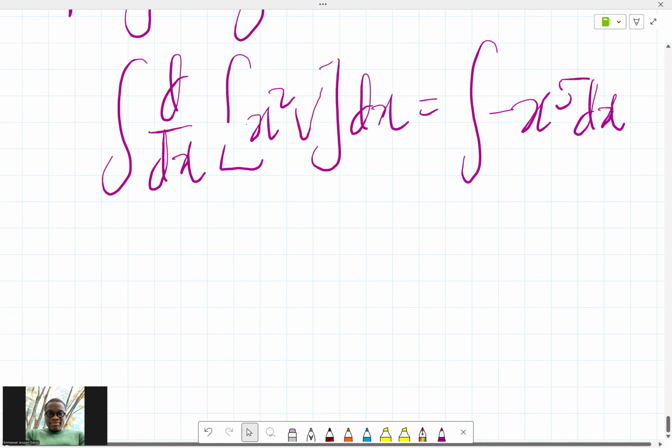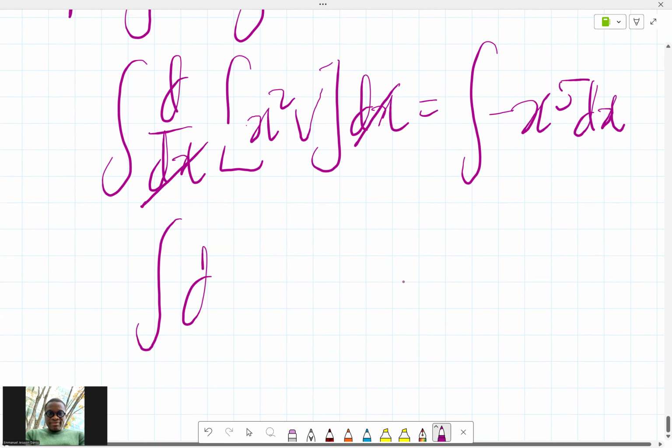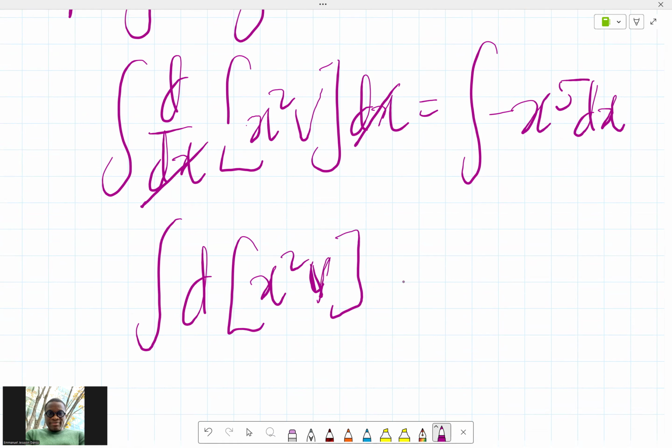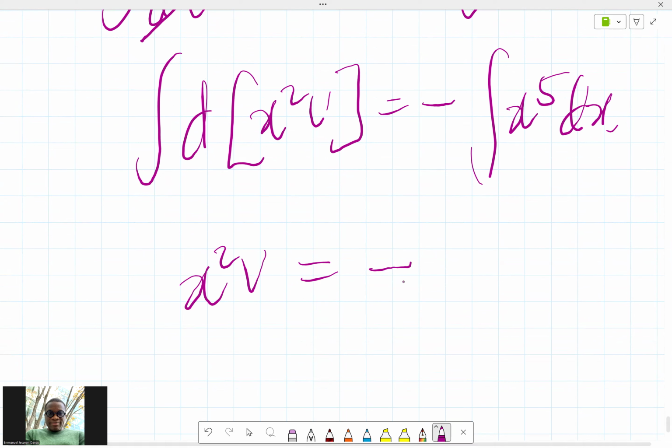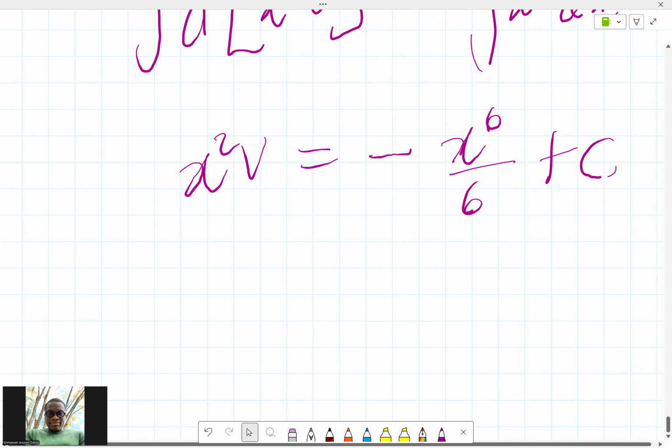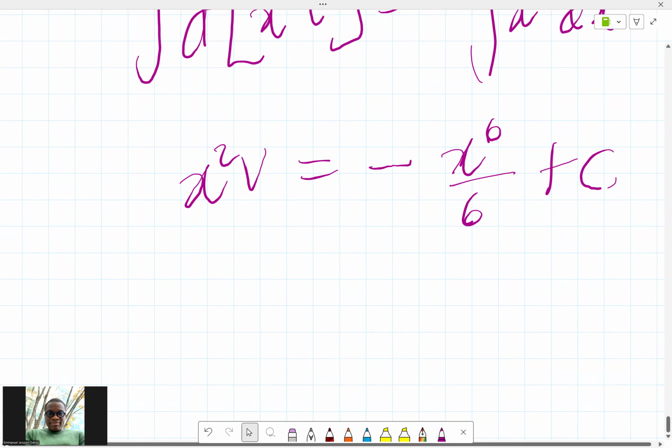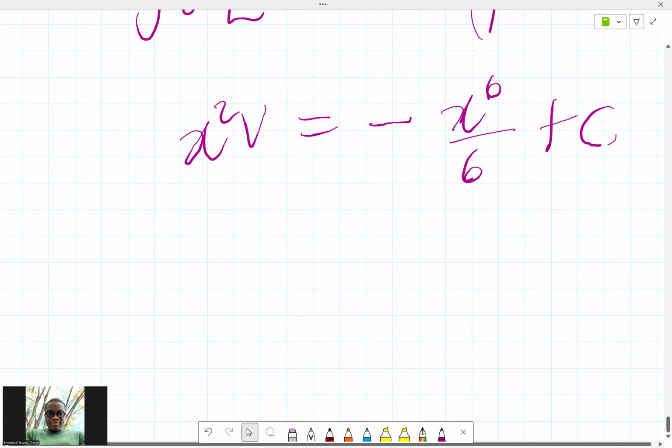The dx cancels dx, so we have the integral of d of (x squared v), which equals minus the integral of x^5 dx. When you integrate d of anything, it gives you just that thing. So you have x squared v equals minus x to the power 6 over 6, plus an integration constant c. From here, v becomes our subject of interest.